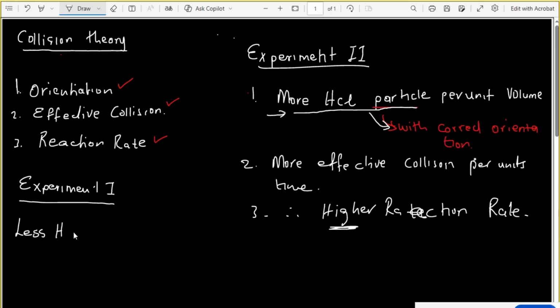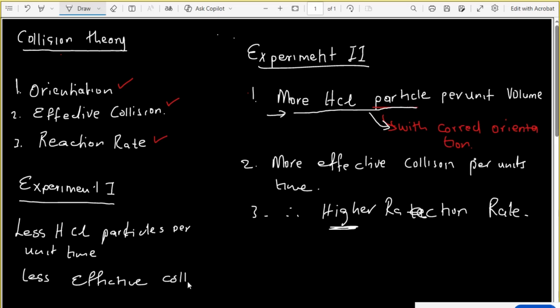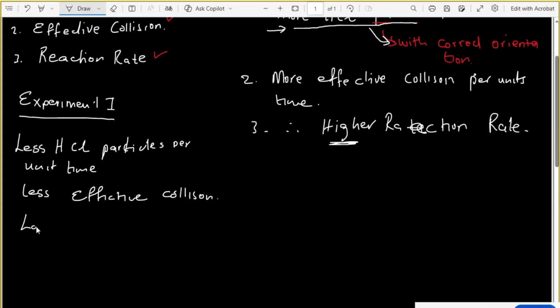In experiment 1, there are fewer HCl particles per unit volume. So this tells you that there will be fewer effective collisions per unit time, and this means a lower reaction rate.